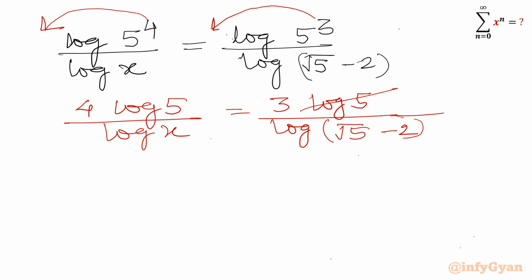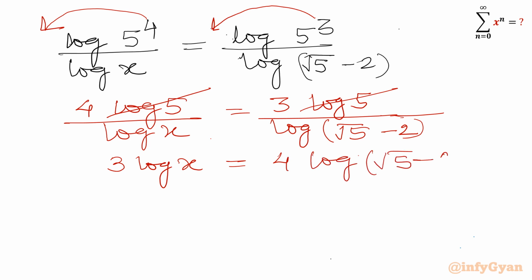Now we can divide both sides by log 5. Now I will cross multiply. So I can write here 3 log x equal to 4 times log root 5 minus 2. Now I can take this multiplier as the power of x here.